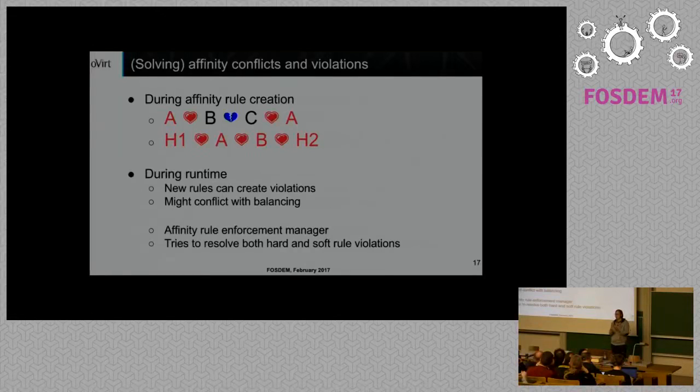So there's a VM A that has hard affinity to B, and VM C that has hard affinity to A, and you create a negative affinity between B and C. That's obviously a conflict. There is no way for us to solve it because you declared in different rules that B and C should run together but shouldn't be running together. That's something we should warn you about.